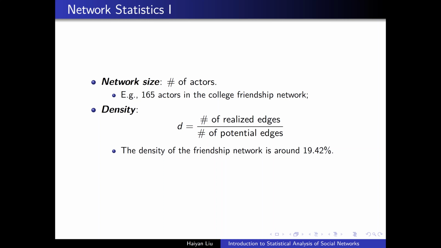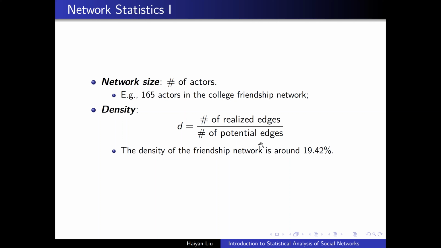Now, we could also describe how dense the connections in a network are by talking about network density. Network density is the proportion of realized edges to the total number of potential edges.